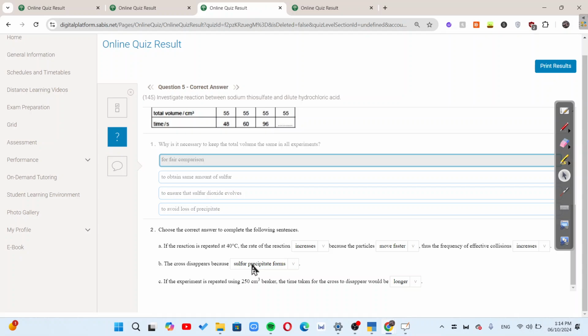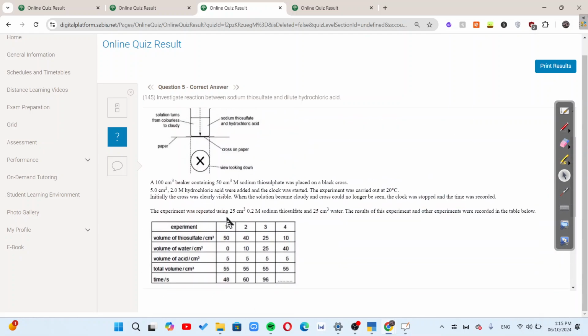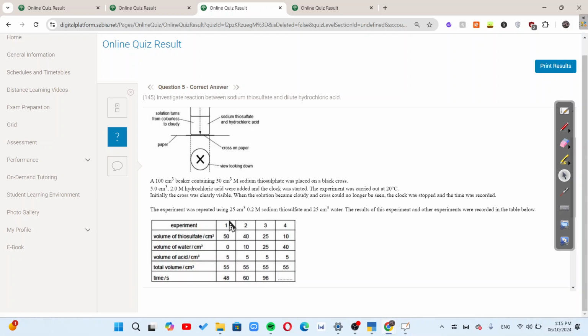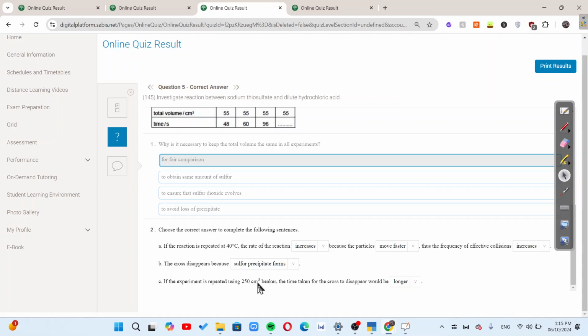And now if this experiment was repeated using a 250 centimeter cube beaker, how much beaker was it used? It was used using a 25 centimeter cube beaker. If it was used using a 25 centimeter beaker, the time would be longer. Why? If we're using a beaker that's this size or a beaker that's this size, wouldn't the particles here bump into the walls more frequently because they're closer to each other?